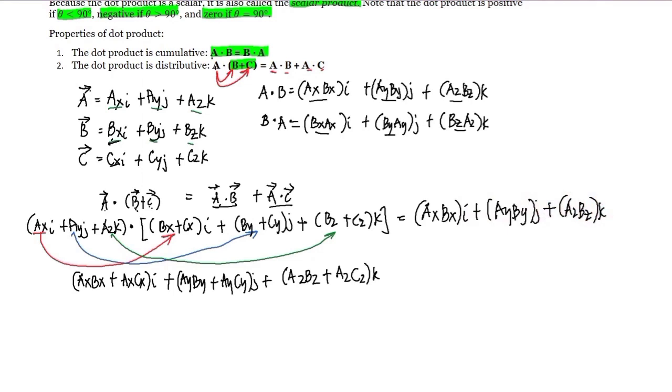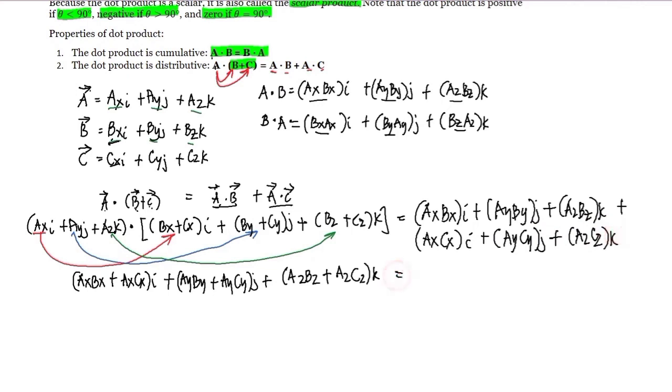Then for the A dot C, we have AXCXi plus AYCYj plus AZCZk.